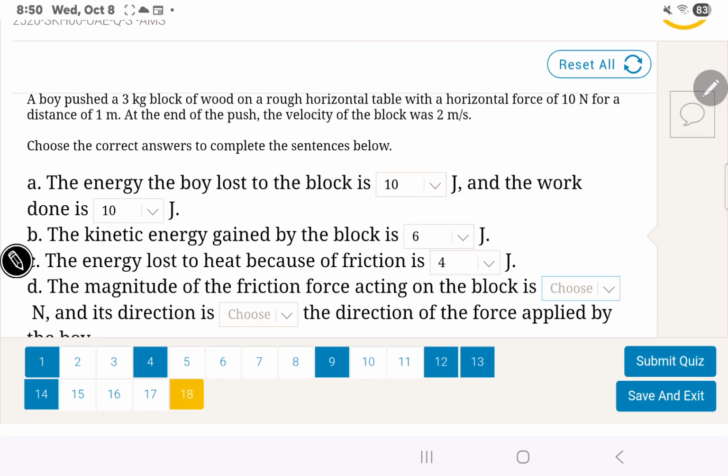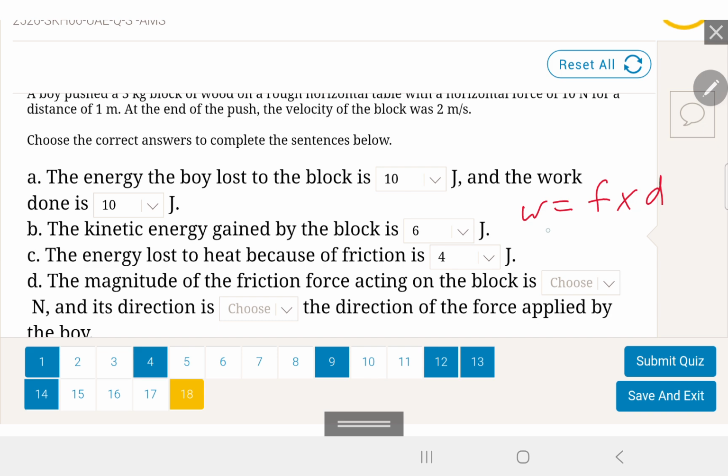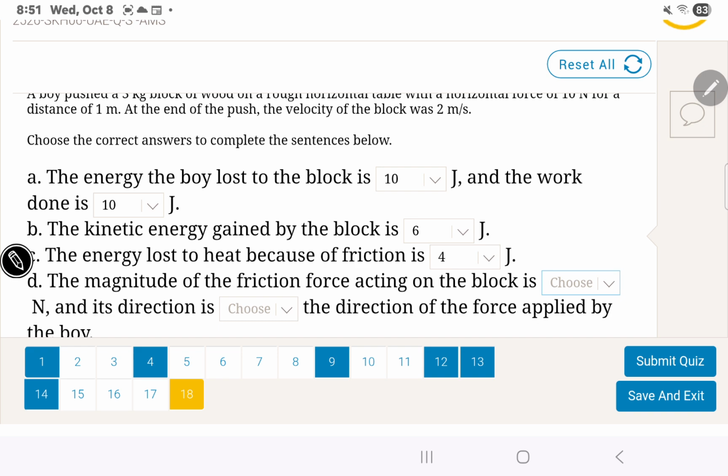Let's repeat this about friction. Work done by friction is equal to force of friction times distance. Work done by friction here, we said, is 4. So 4 equals force, which we don't know, times distance 1. This means here you have to choose 4 newtons. And the direction is opposite to the direction of the force applied. Friction is always opposite to the force applied. So here you have to choose 4 newtons and here opposite to the direction.